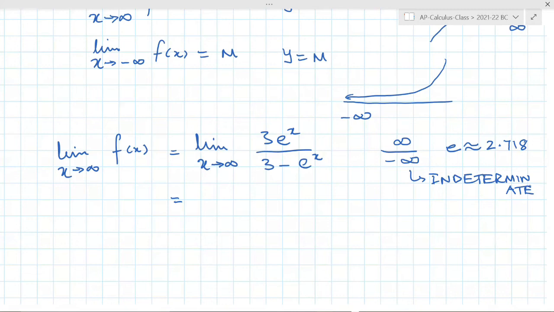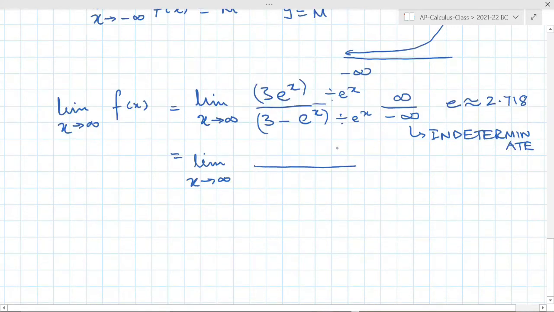right? So what we can do is we can divide both the numerator and denominator by e to the x. So divide this by e to the x and divide this by e to the x. And you'll see why I am doing that. So what's the numerator now? This cancels out, right? And denominator is 3 over e to the x minus 1.